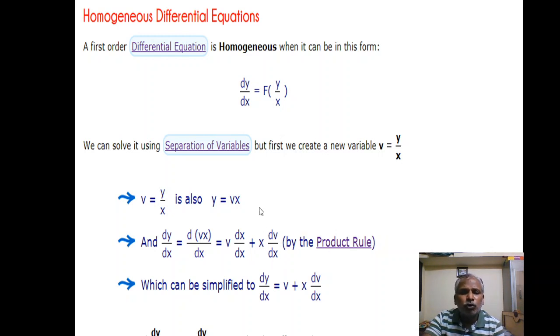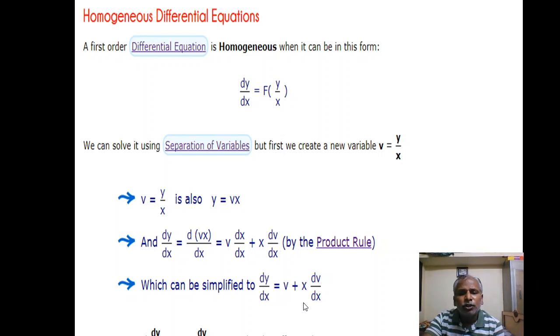Here we are changing the dependent variable y to v. v is a function of x, so we write dv by dx. Thus dy by dx equals v plus x dv by dx.